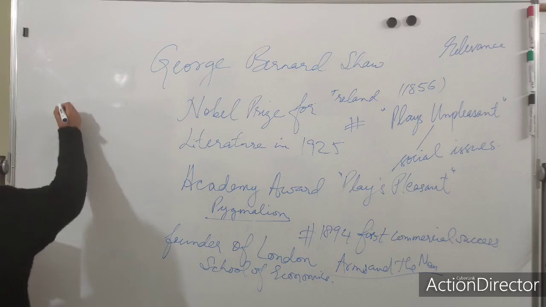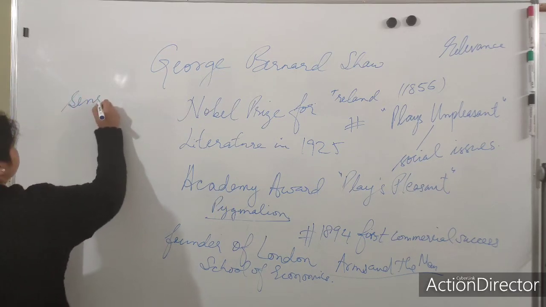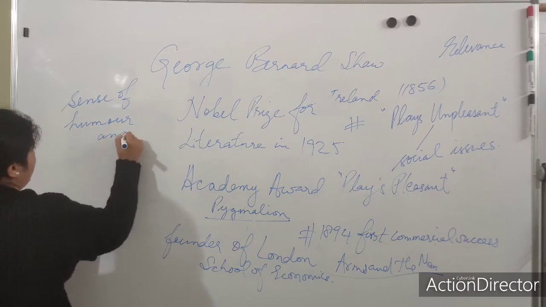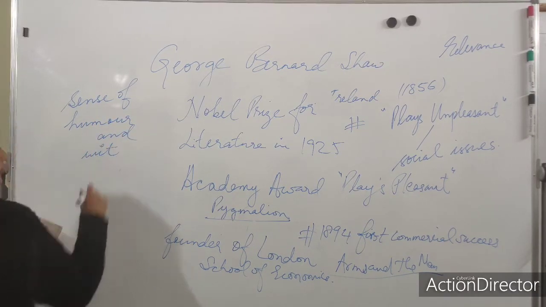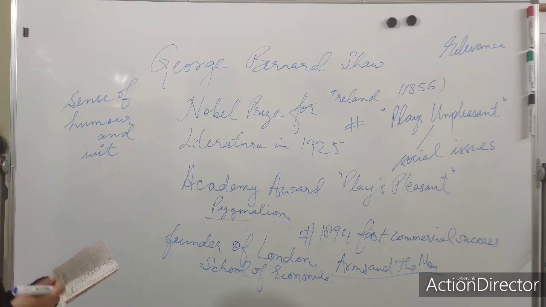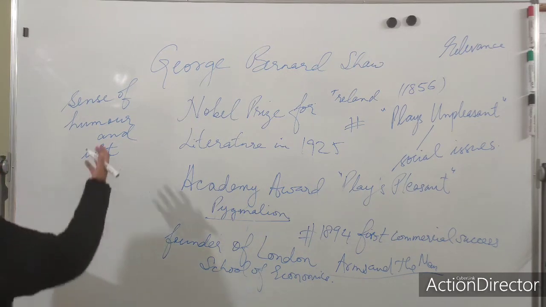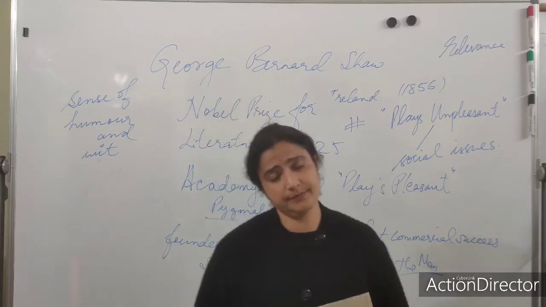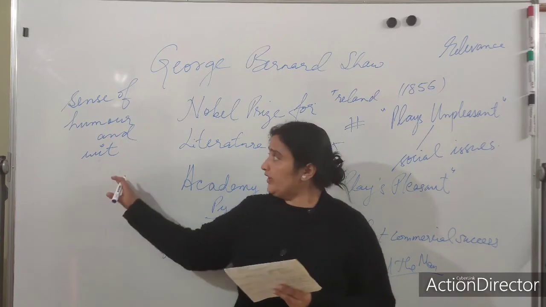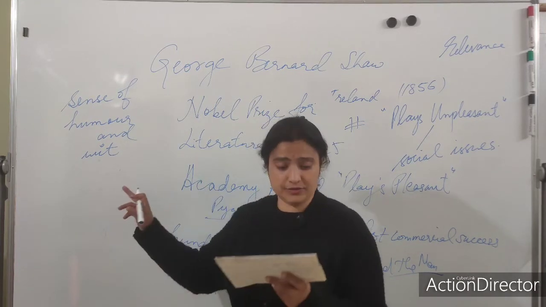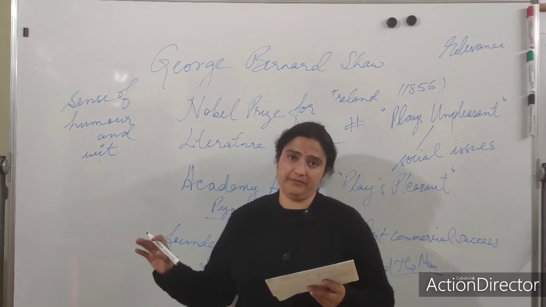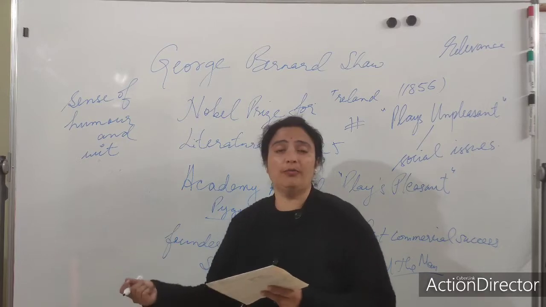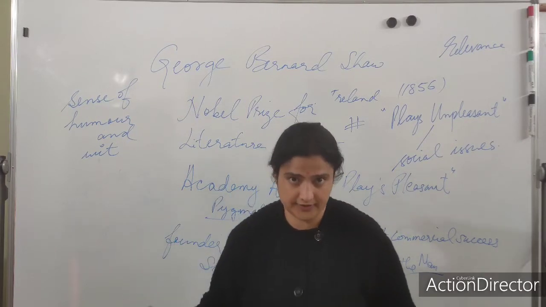It is in his theme or in his sense of humor and wit that he has used in his plays, and how he did this. He mocked. I hope you all understand, mocking is to make fun of something. So what he did, he mocked the habits of the people of his time. That is how he used the wit and humor to talk about the hypocrisy of the people of his times, right?